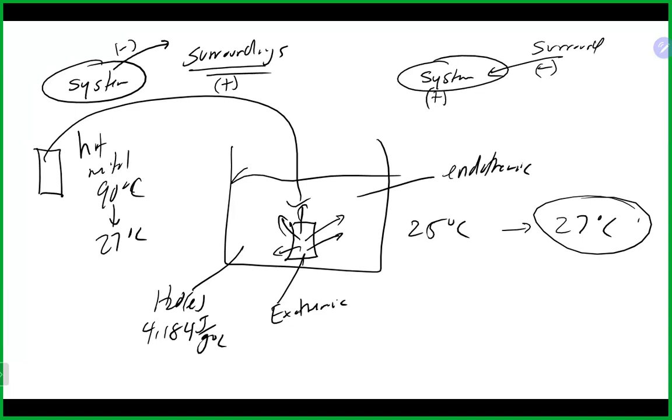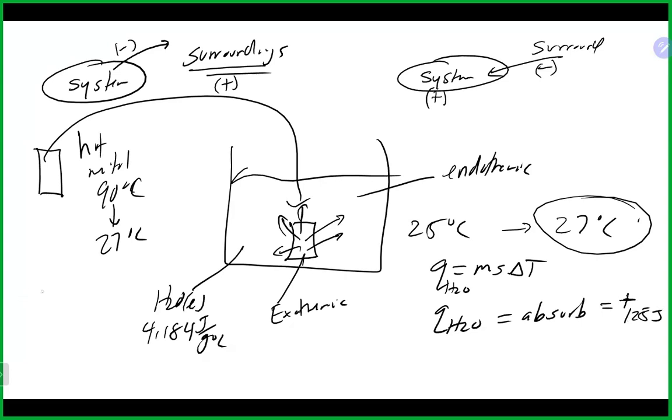And what that allows you to do is use your specific heat equation twice. You could use it for the water, use all the values there and figure out the heat absorbed by the water. Let's just say we did that and we would end up with a positive value. Just say we'll call it 125 joules or something like that.